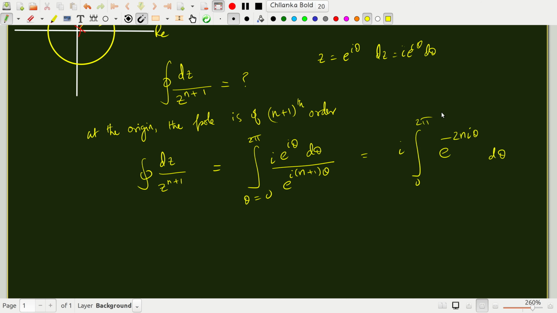Remember that n goes from 0, 1, 2, 3 and so on. When n is 0, this is 2 pi i because the integrand is just 1. Let's write this explicitly. If n is 0, the integral is simply i times the integral from 0 to 2 pi of d theta, that is simply 2 pi i. If n is not 0, it's greater than 0, then you can verify that this is actually 0.